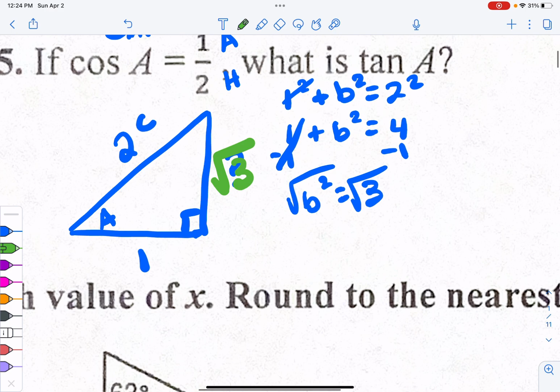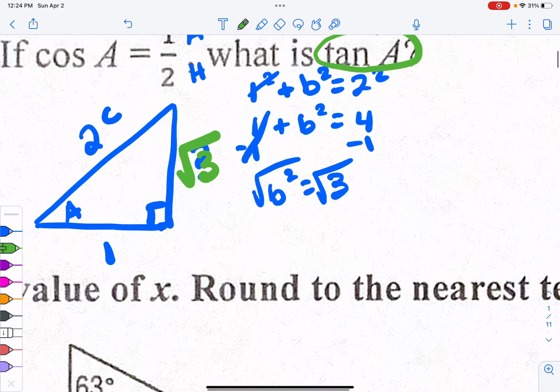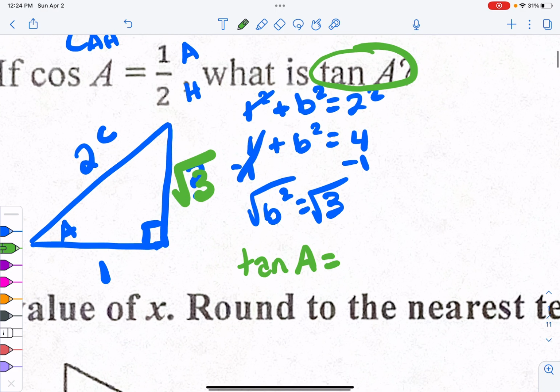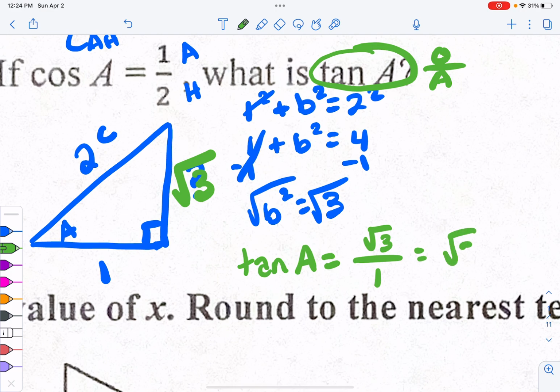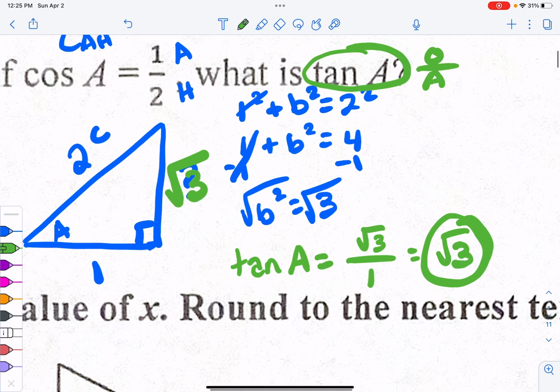Then the last thing that we have to do is find tangent, okay? Tangent of A, and tangent is OA, opposite over adjacent, okay? So the opposite side is going to be the square root of 3, and the adjacent side is 1. Now you don't necessarily have to have that 1 on the bottom, so I could just call it the square root of 3 if I wanted to, and that's what it will look like, okay?